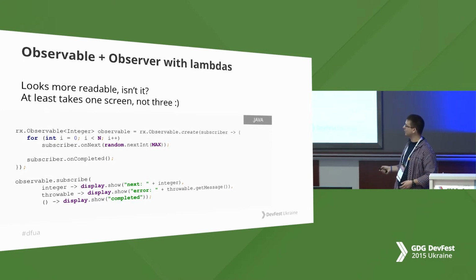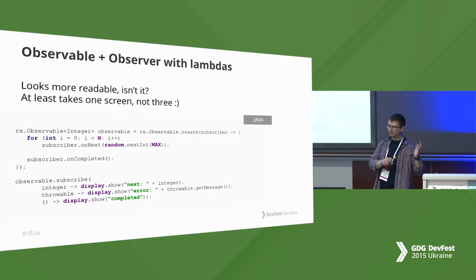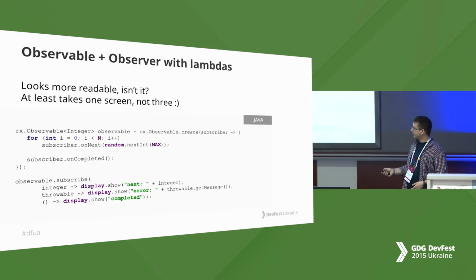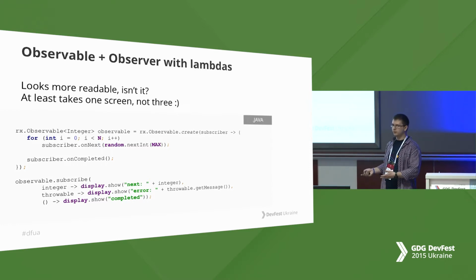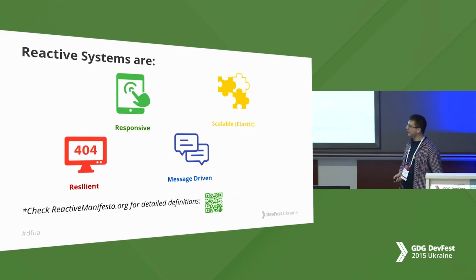If you know the type of this integer or throwable, we usually know what we are putting into the stream. We can just write it in lambdas and it will be more readable. So don't be afraid of a lot of code, just use something useful.